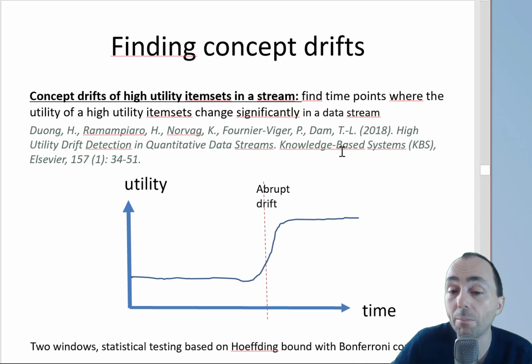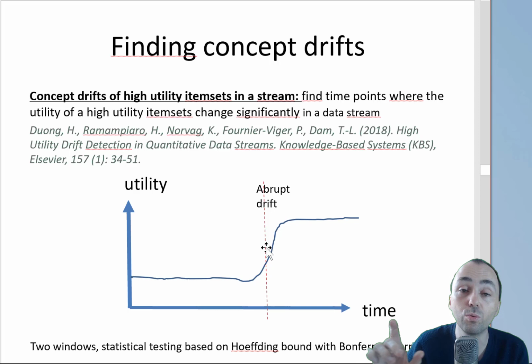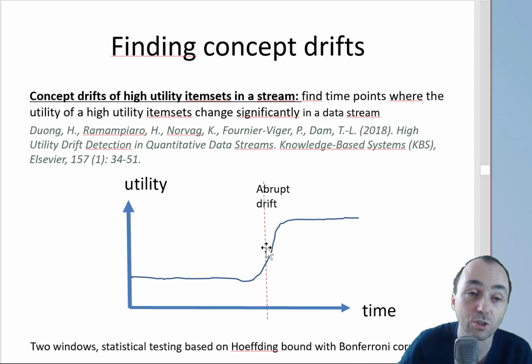So we did a paper about this where we look at the utility, the money, for example, of products over time. Here I have a small example for you. A drift is when there is a change. It can be a big change or a more gradual change, but there will be a change over time.